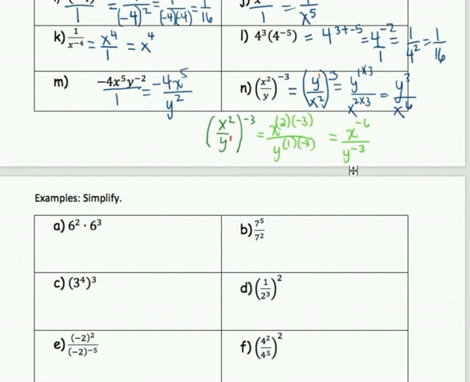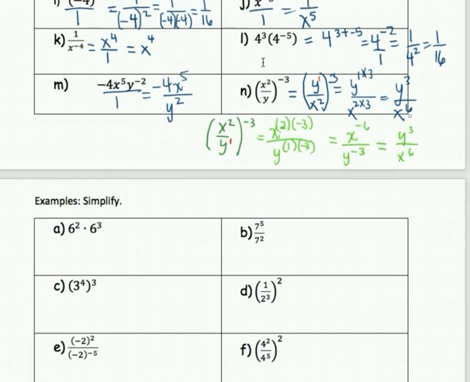Okay, so we have an issue here. They both have a negative exponent, so we're going to flip them. Okay, so we're going to move the y up, x to the bottom. Okay, and then we ended up with the same answer as above, but we used a different method. Okay, so like I said, there's lots of different ways. As long as you're following the rules, you can do that.